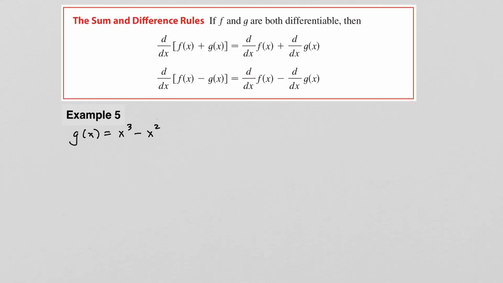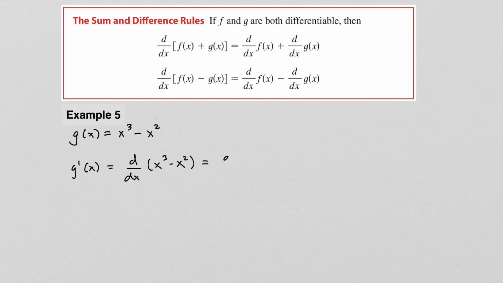A couple of other rules. The sum and difference rules simply state that the derivative of the sum of two functions is the sum of the individual derivatives. And likewise, the derivative of the difference between two functions is the difference between their derivatives. So for example, if g of x is equal to x cubed minus x squared, and I want the derivative g prime of x, what we're doing here is taking the derivative of x cubed minus x squared.